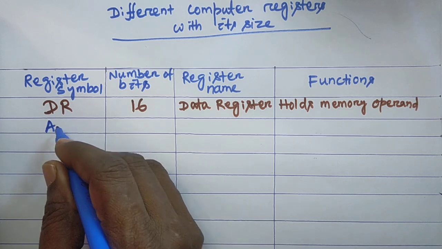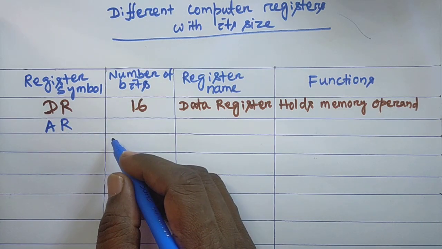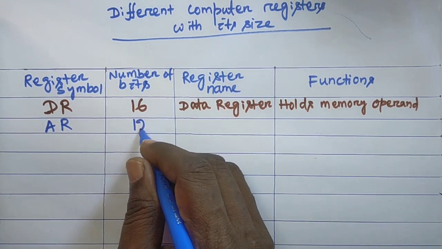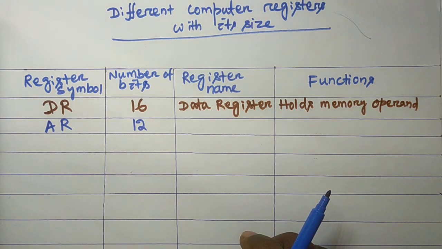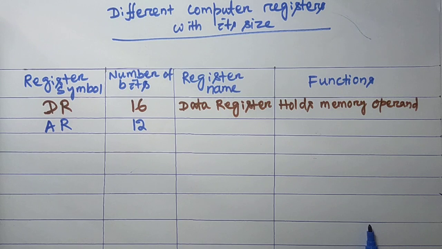Similarly, another is AR, meaning address register. It has 12 bits, because this address register holds 12 bits, I will tell you.